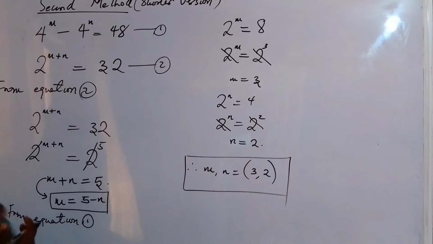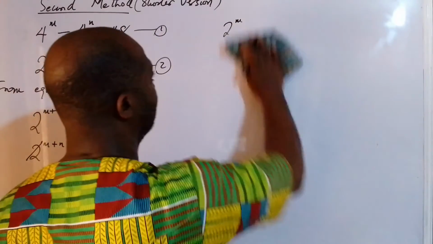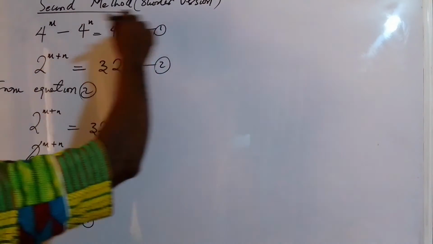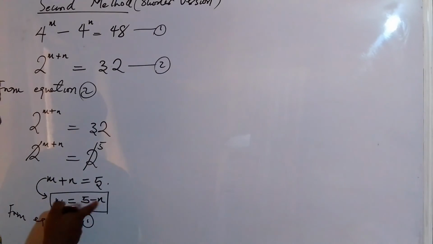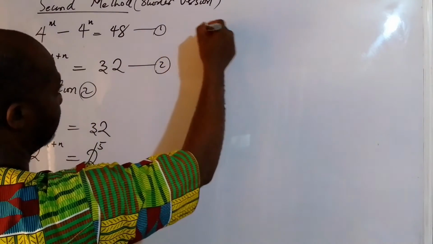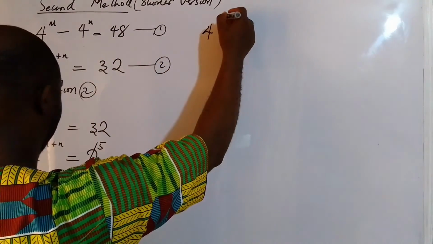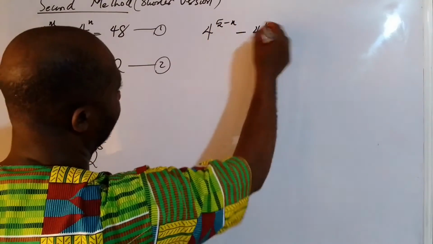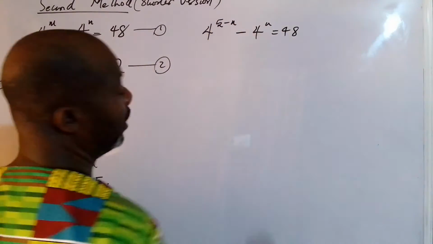Since m is equal to 5 minus n, equation 1 becomes 4 to the power of 5 minus n, minus 4 to the power of n, equal to 48.